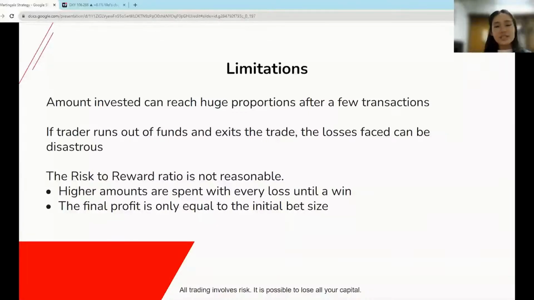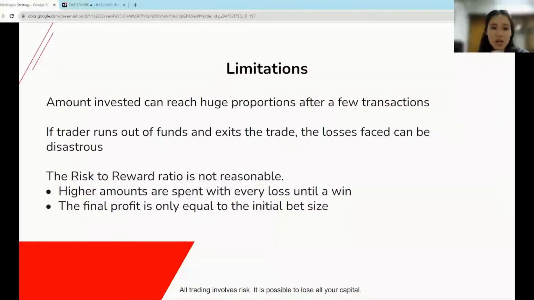So the strategy can lead to large drawdowns and may not be suitable for traders with limited capital, or those who cannot withstand substantial losses. If you are thinking of using the martingale strategy, proper risk management and stop loss orders are critical in order to prevent catastrophic losses.